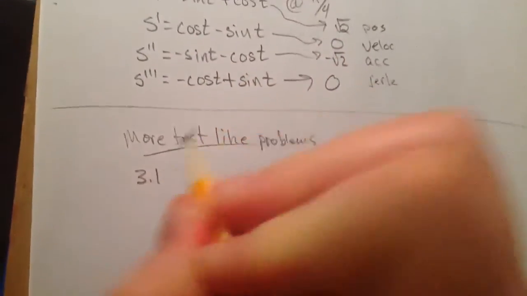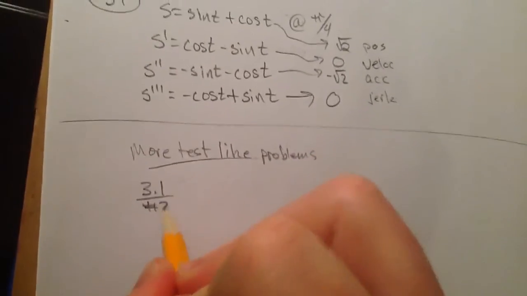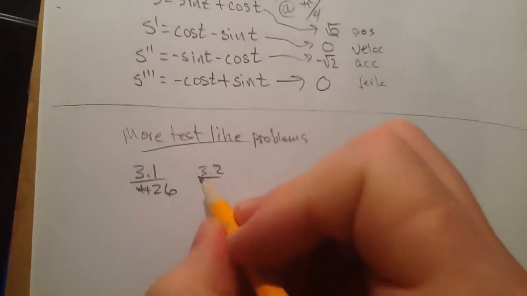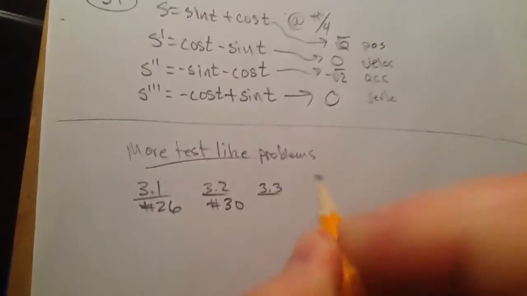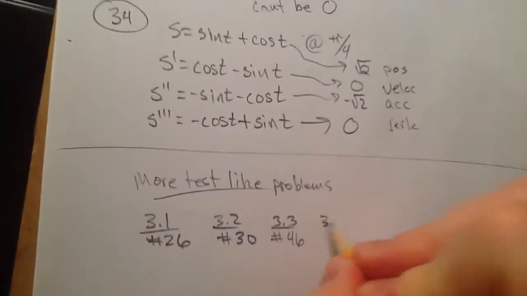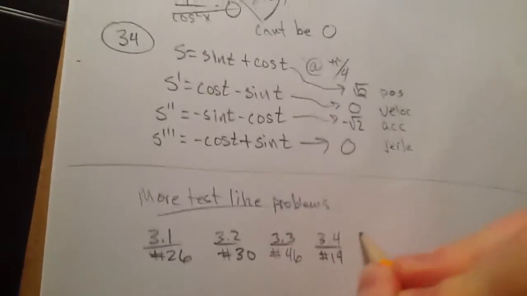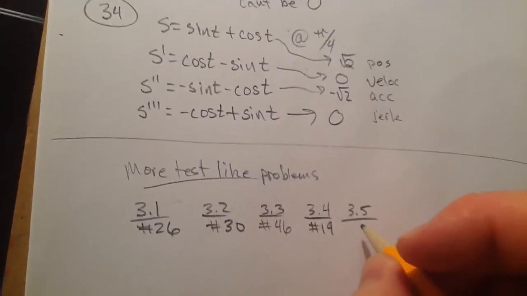So there's like one from each section here. 3.1, number 26. 3.2, number 30. 3.3, number 46. 3.4, number 19. 3.5, number 10.